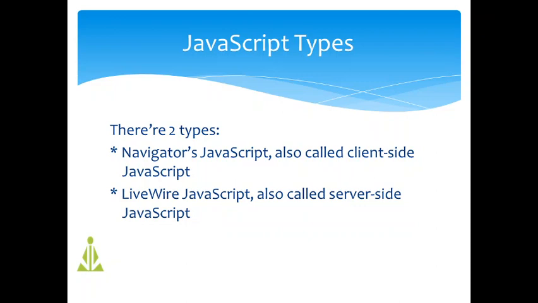Whatever modification we make and whatever we apply in the JavaScript, whatever things are visible on the client side, that is client side. Next one, LiveWire JavaScript, also called server side JavaScript. Server side JavaScript means you will get the result of JavaScript.